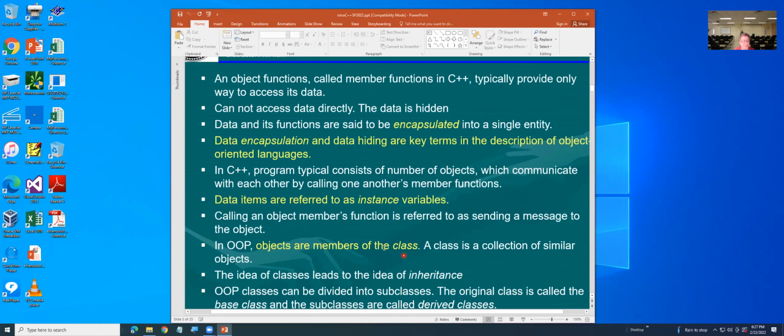The next one: an object's functions, what they call member functions in C++, typically provide the only way to access its data. That means you cannot get into your account, then you cannot get money. You cannot access data directly. Okay, no way.